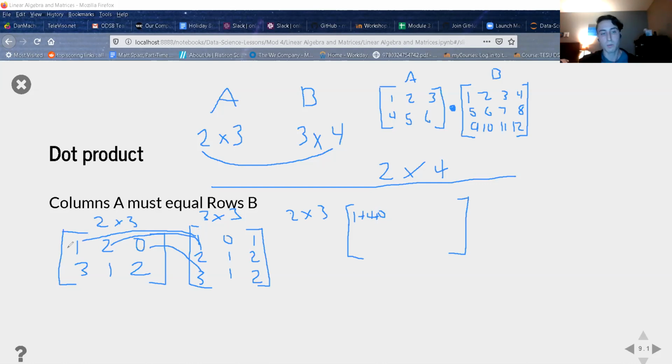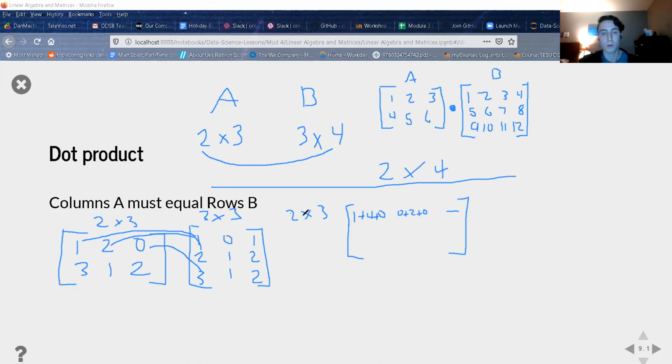Now I keep the same first row, and I multiply it by the next column. So here I'm going to have 0 plus 2 plus 0. And then I do the third column. You can figure out what that would be. Then I go down to the next row, and I multiply that across.